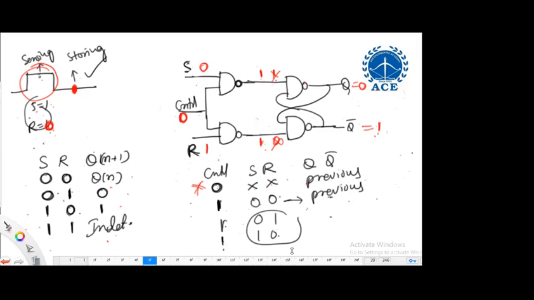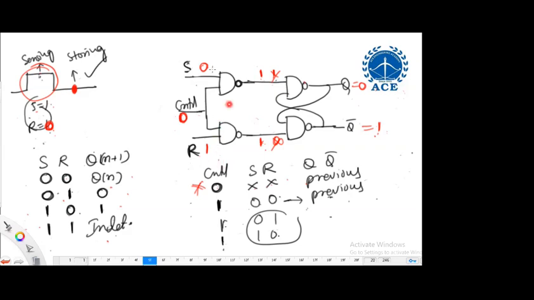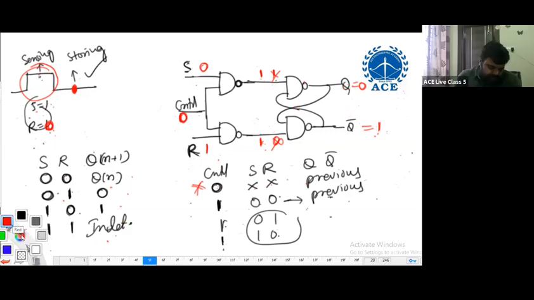Tell me. Sir, S equal to 1, R equal to 1, control equal to 1. Then 0, 0, and Q equal to 0 and Q bar equal to 1 will come, sir. Check it once again.